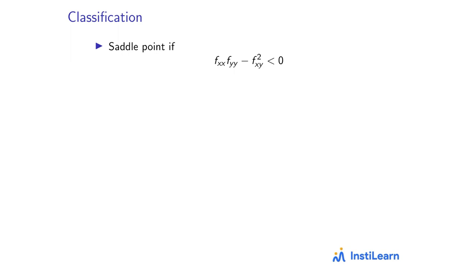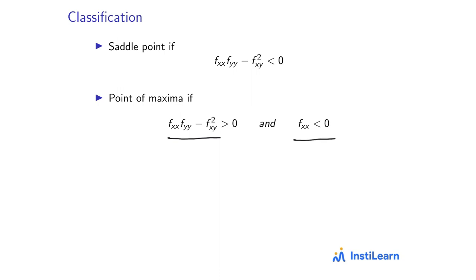Okay, so a critical point is said to be the saddle point if the value of fxx into fyy minus fxy square is negative at that point. A critical point would be the point of maxima if the value of fxx into fyy minus fxy square is positive at that point, and the value of fxx is negative.